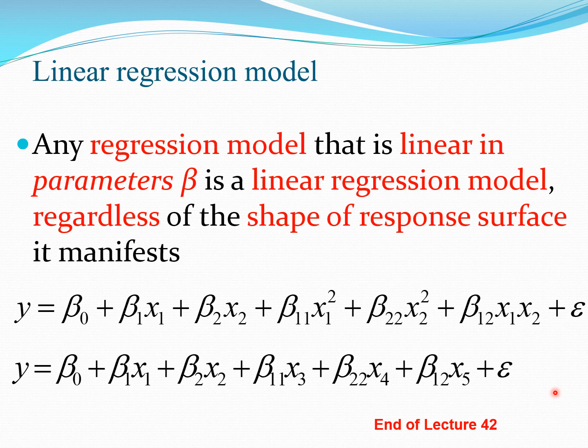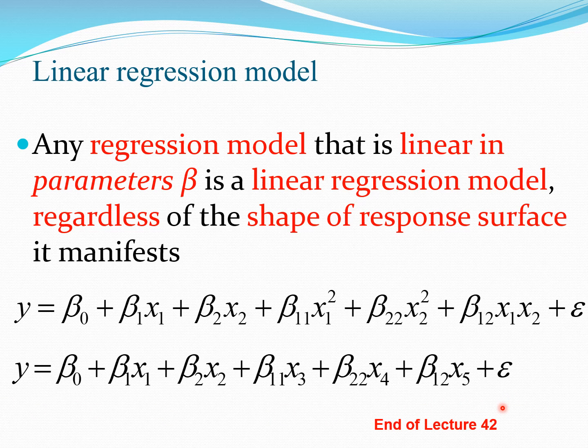So we see that a regression model that is linear in parameters beta is a linear regression model regardless of the shape of the response surface which it manifests. So for example, our quadratic model has this form here where you have all these x1 square, x2 square and x1 x2 terms. And then if we simply redefine those terms, we have this model here.